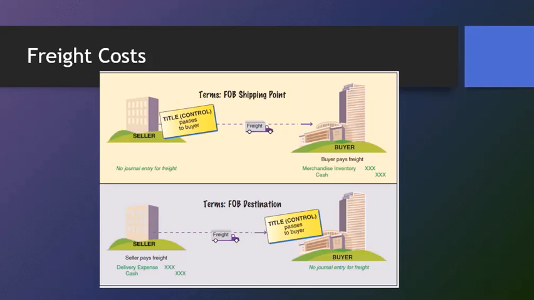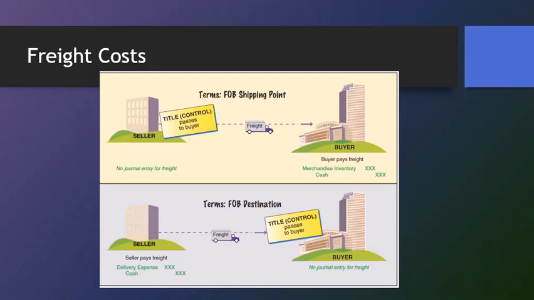So as soon as this truck pulls away from the seller's loading dock, the buyer owns that inventory, okay? And when it's shipped free on board shipping point, typically the buyer pays for the freight, okay?